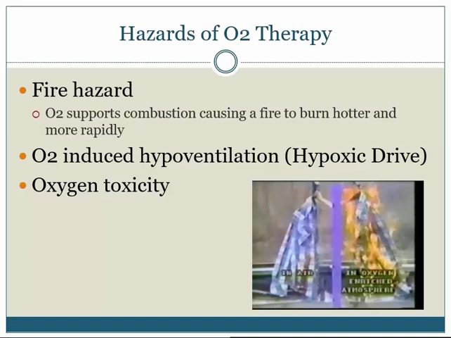There's also what's known as oxygen-induced hypoventilation. Basically what that is, when you have a patient that's a chronic lunger, they chronically have elevated CO2 levels in their blood, it changes what initiates their drive to breathe. Normal, healthy people, you and I, our drive to breathe is based off of our CO2 levels in our blood.